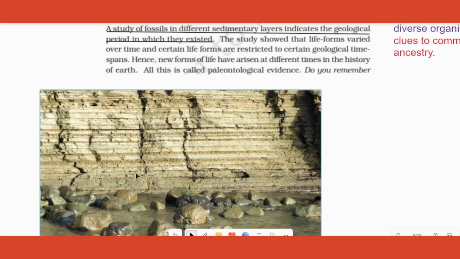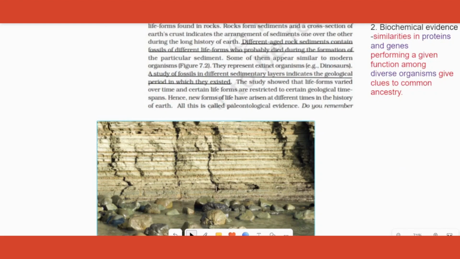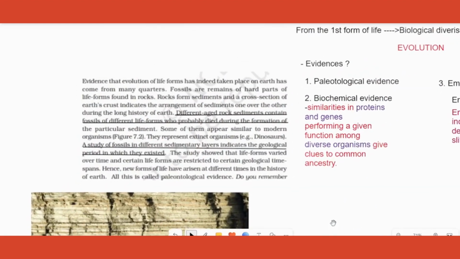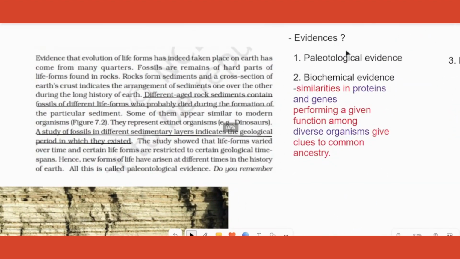That means if I get a fossil from the lowermost layer, I know that that particular organism existed in that particular time period, and so on. That is how sedimentary rocks are useful in collecting evidences. What evidences?